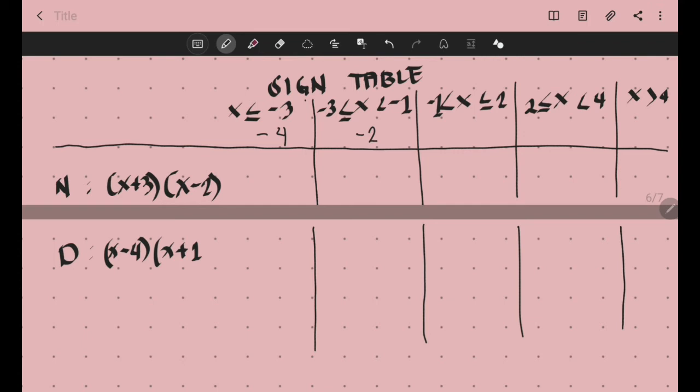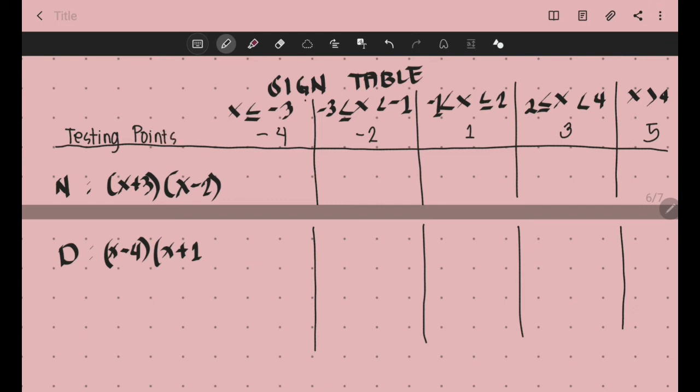Then for the test value that is between negative 1 and positive 2, let us have positive 1. And then for the test value that is between positive 2 and positive 4, let us have 3. And for the test value that is greater than 4, let us have 5. Okay. So negative 4, negative 2, positive 1, positive 3, and positive 5, they are called testing points.